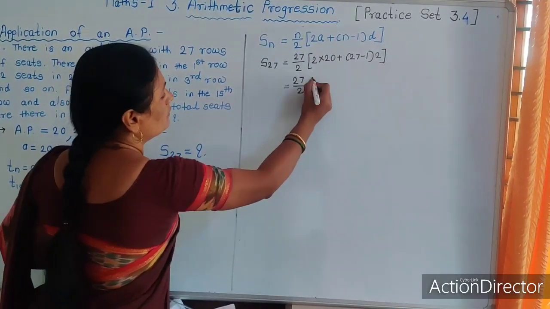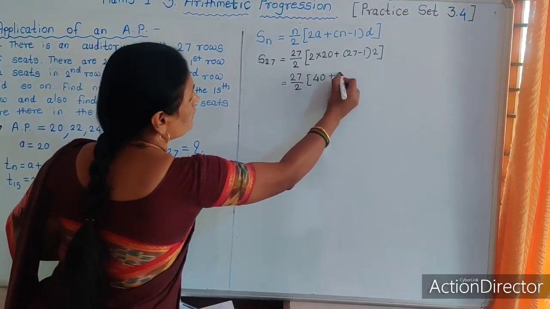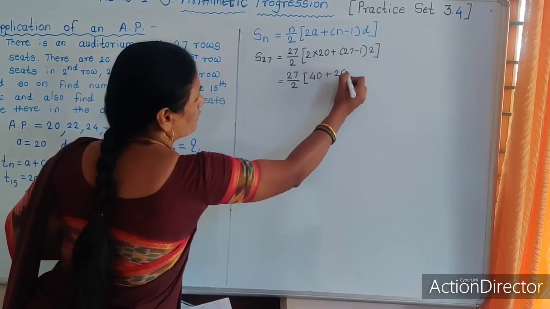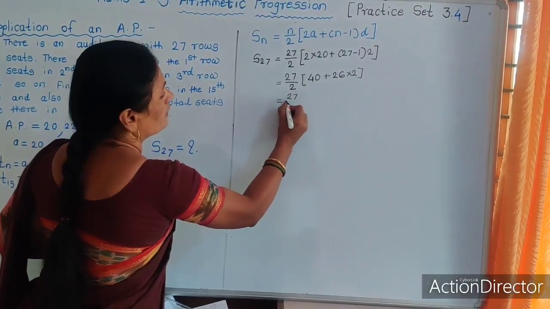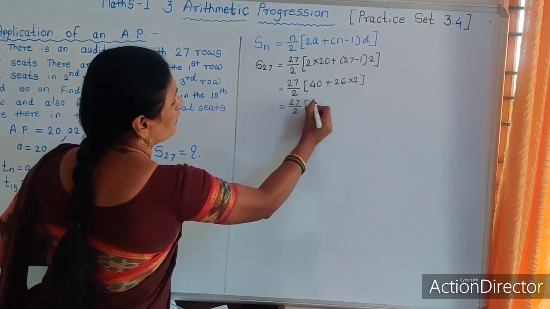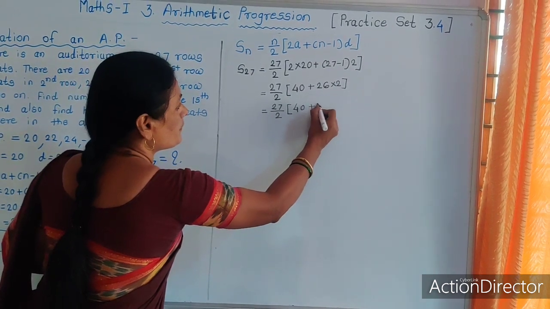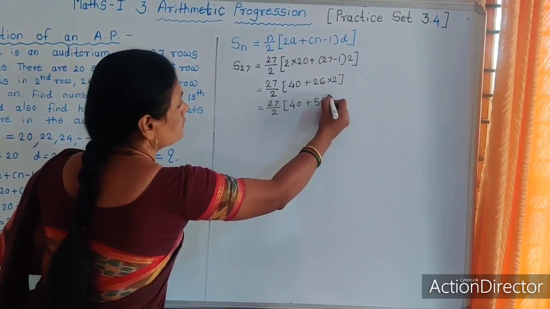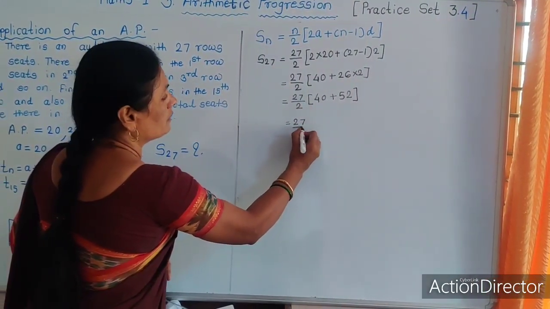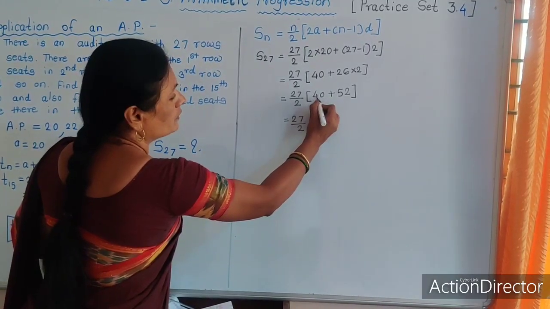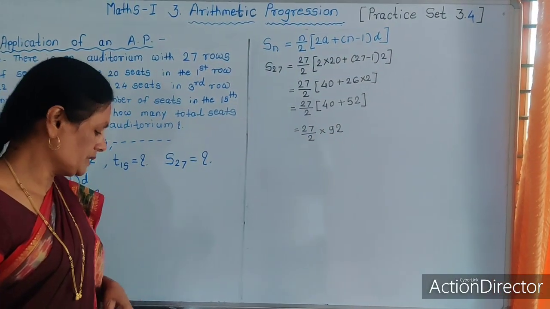27 upon 2 in bracket 40, that is 20 into 2, plus 26, that is 27 minus 1, into 2, which is 52. Therefore 27 upon 2 into the sum of these two numbers, which is 92.